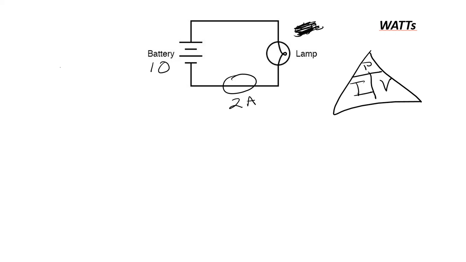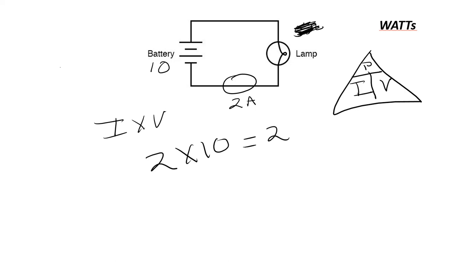So what am I going to do? I'm going to get P equals I times V. All right, I got that. So do I have an I? Yes, I do. I have amps. So that's 2. Do I have V? Do I have volts? Yes, I do. All right, so the watts of this circuit, or the power that's used up in this circuit, is what? 2 times 10.